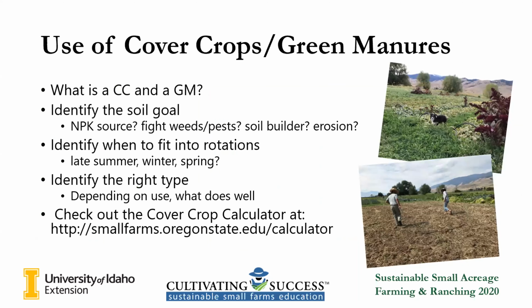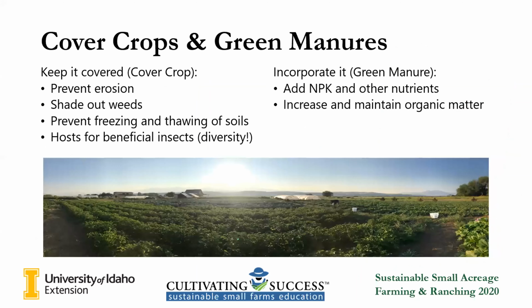Some of these are covered in other presentations also, so I'll just go through it quickly. I sort of use cover crops interchangeably with green manure sometimes, but basically a cover crop is a crop that you intentionally plant and leave in place to prevent erosion, maybe to smother weeds or shade out weeds.